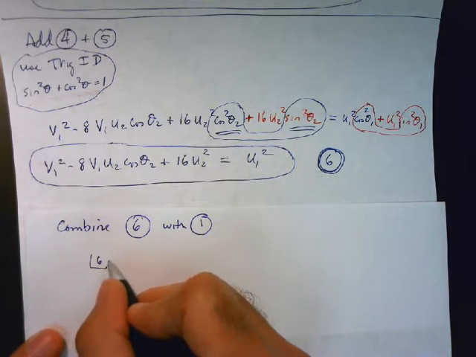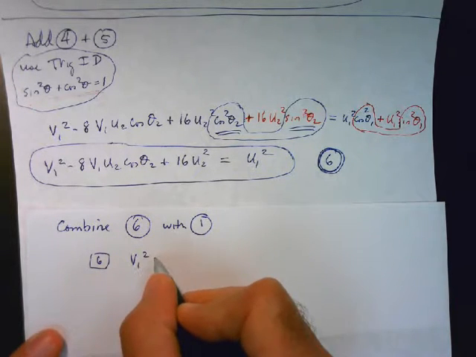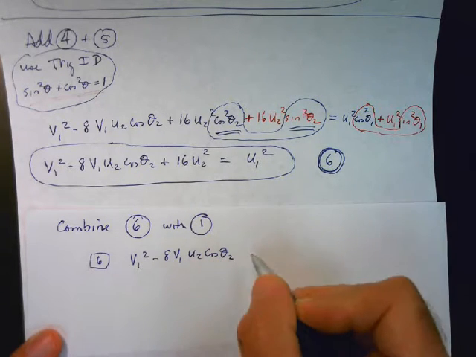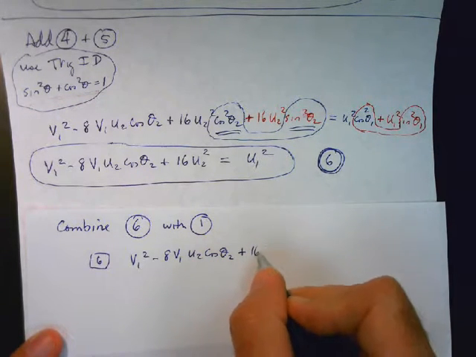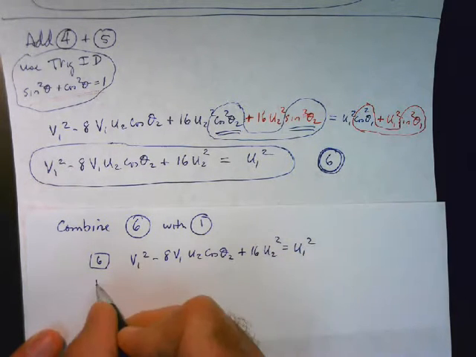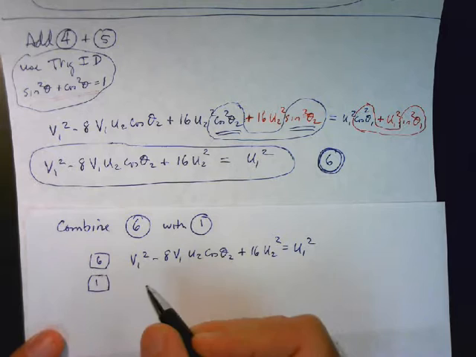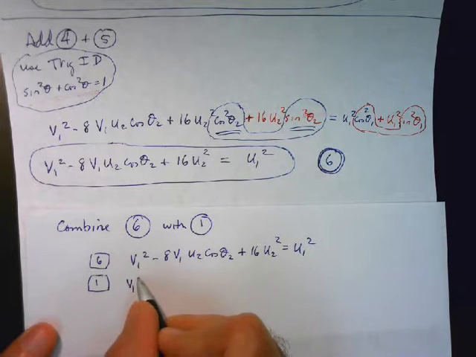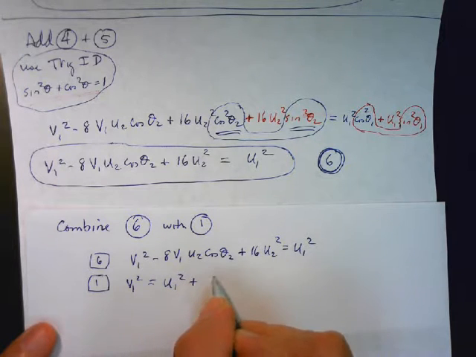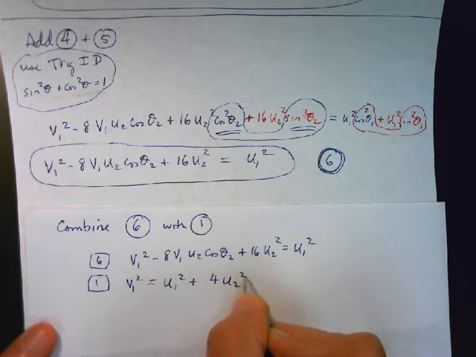So 6 looked like this: V1 squared minus 8 V1 U2 cosine theta 2 plus 16 U2 squared equals U1 squared. And equation 1, if we look back, is V1 squared equals U1 squared plus 4 U2 squared.